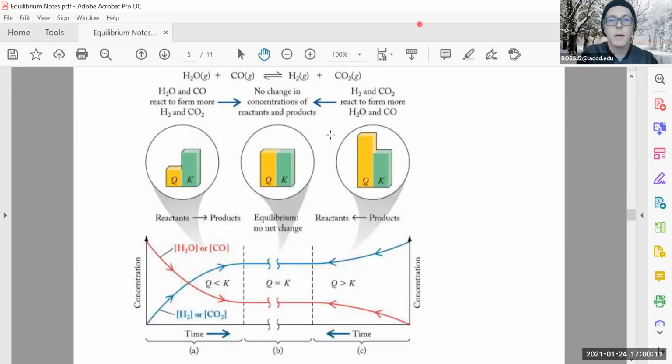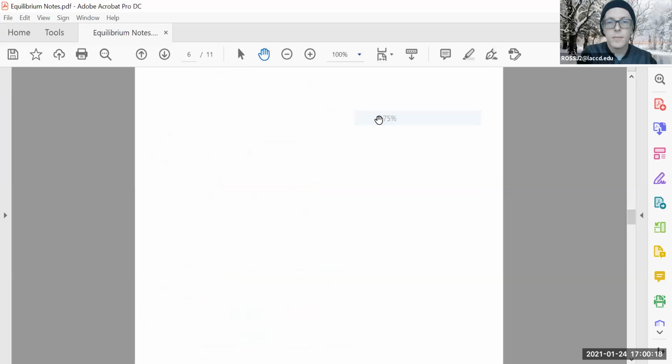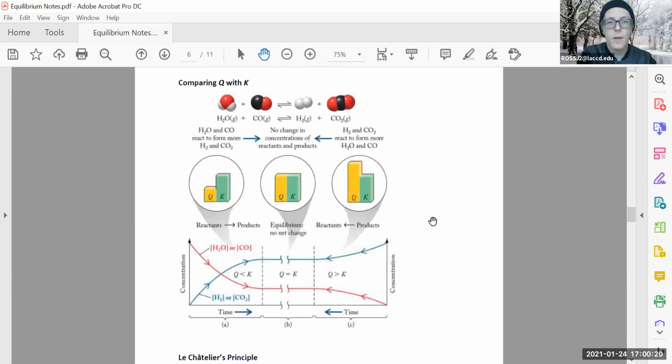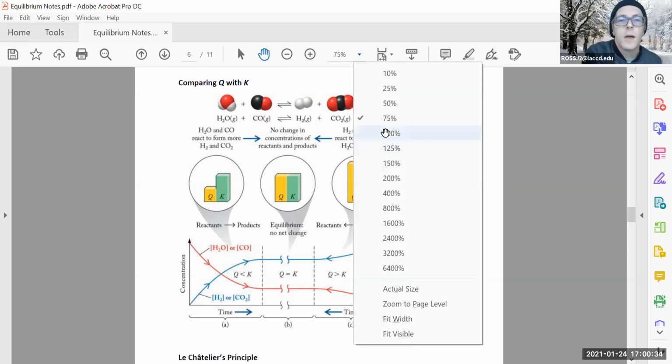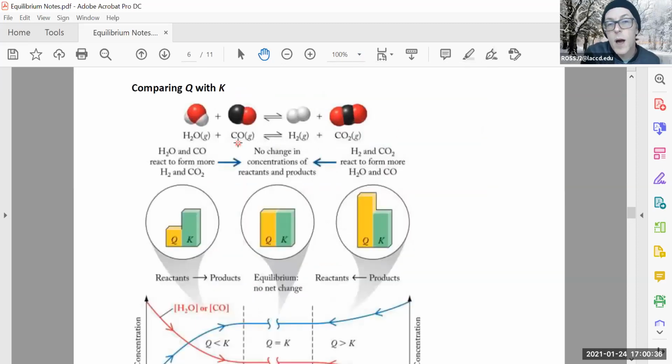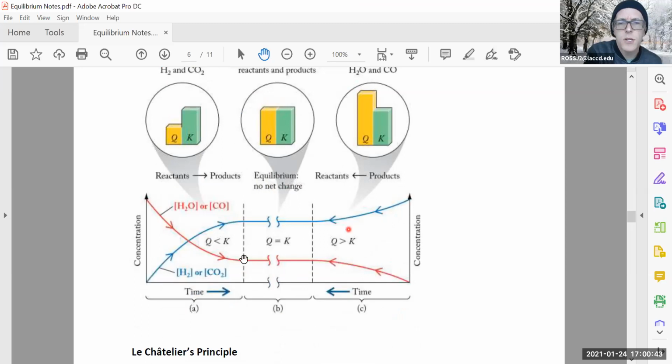Okay, so let's look at Q and K. So let's take this chemical equation here. Water is reacting with carbon monoxide to give hydrogen and CO2 gas. Let's now go to this reaction profile.